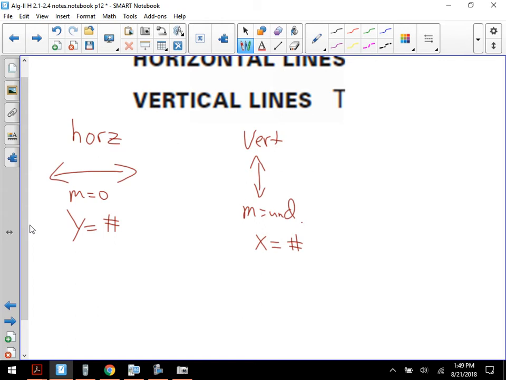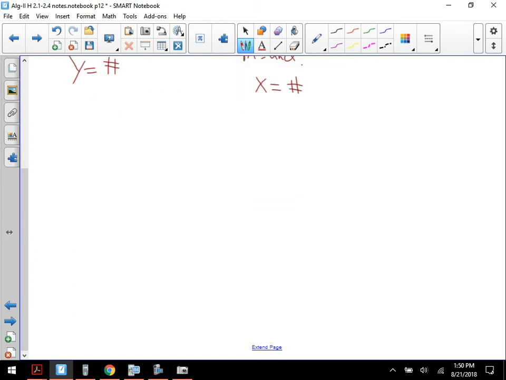What's parallel to horizontal? Horizontal. What's parallel to vertical? What's perpendicular to vertical? And what's perpendicular to horizontal? Vertical. Now, this is where it gets a little bit weird. Y equals a number is always parallel to y equals a number.